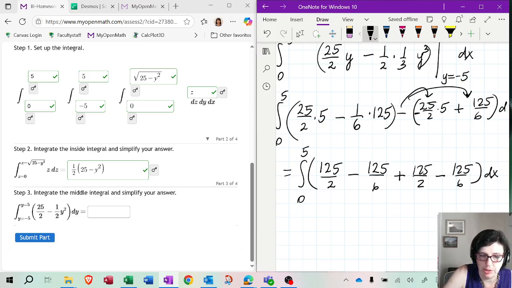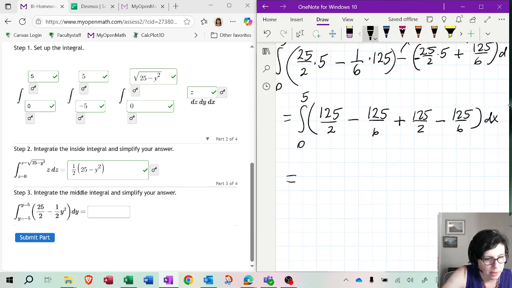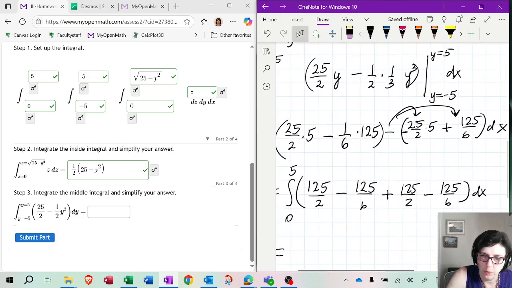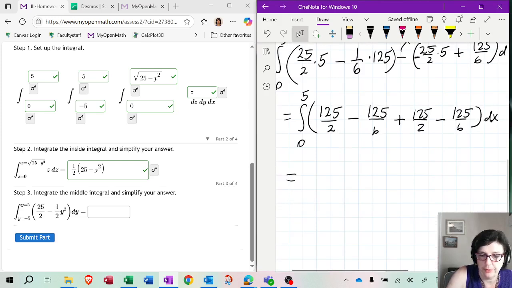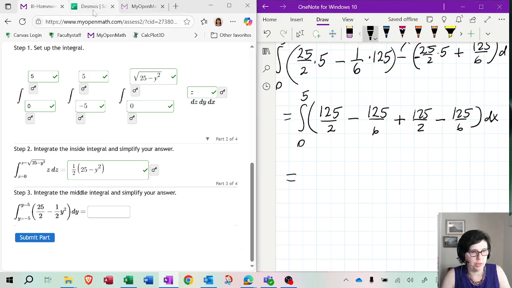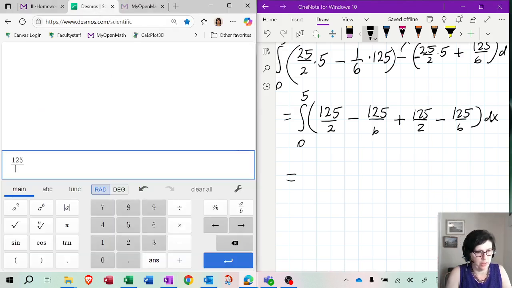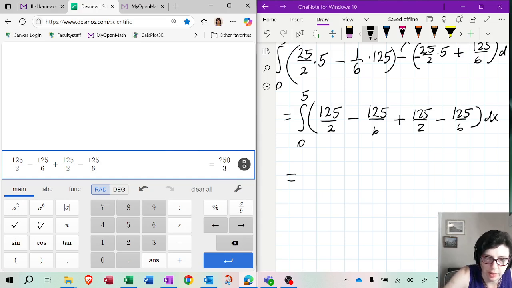The answer is yes. And it doesn't look like there's any y left or x left for that matter. So this is just going to be a number. So let's actually compute what that number is. I don't think it's going to cancel. There's going to be some kind of fraction there. So this is going to be 250 over 3.